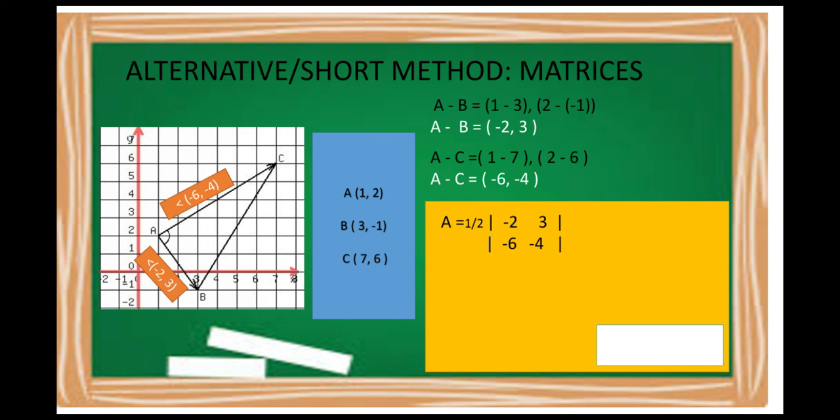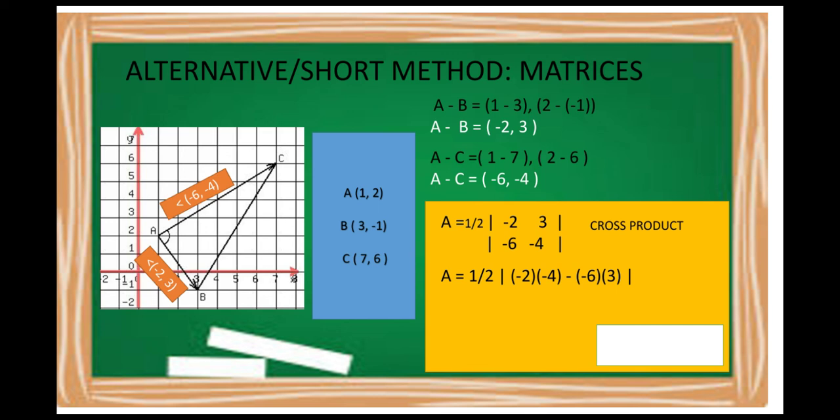That is by using the cross product, or just multiplying diagonally. We have 1/2 multiplying -2 and -4, and then minus -6 and 3.